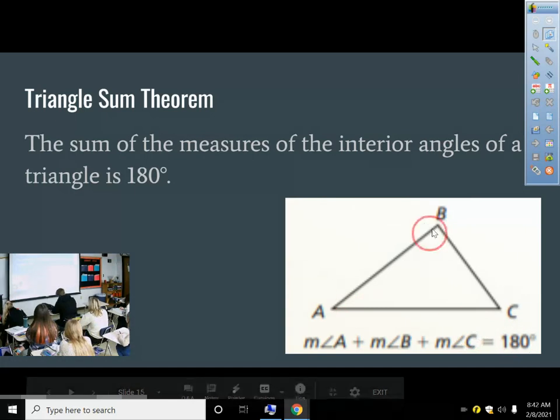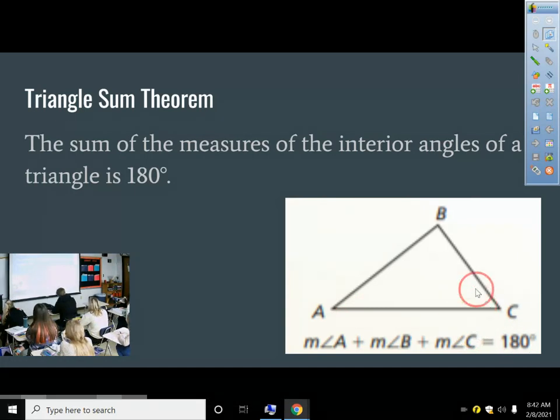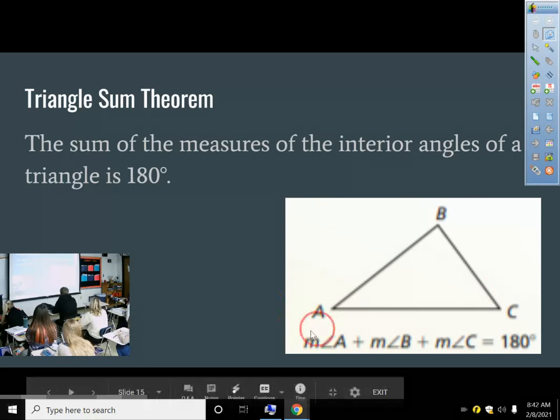So A plus B plus C will equal 180. So underneath the picture, write that formula. So this is that put in words. This is that put in math language.